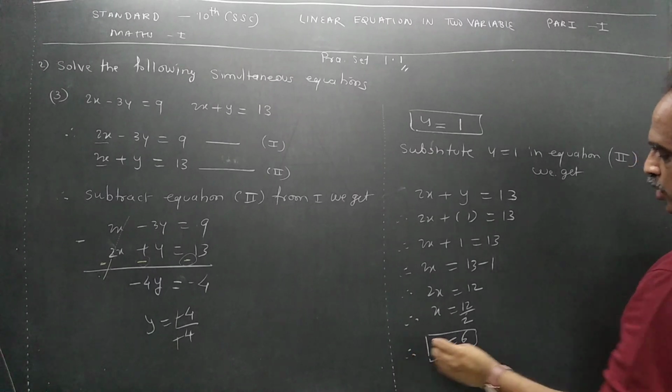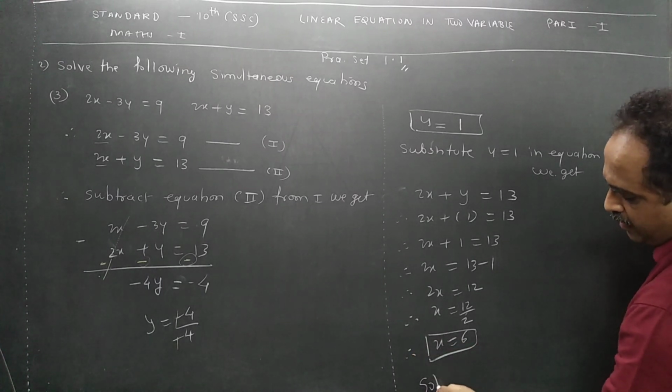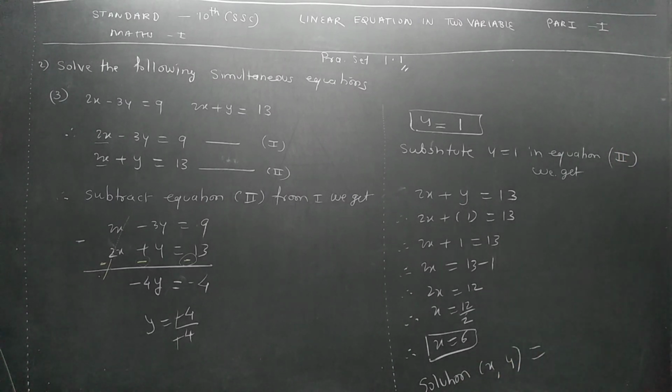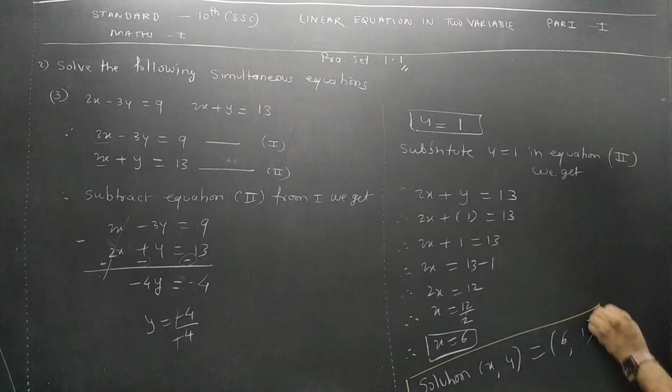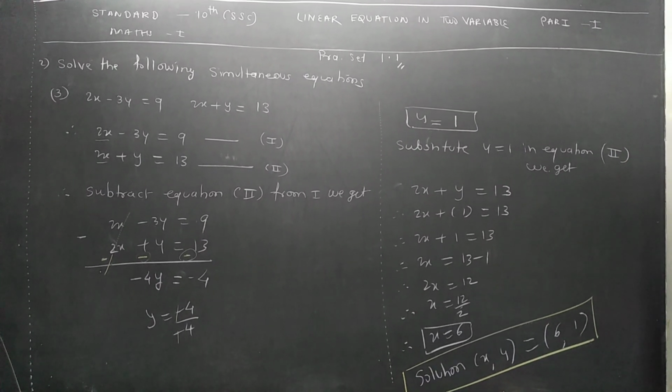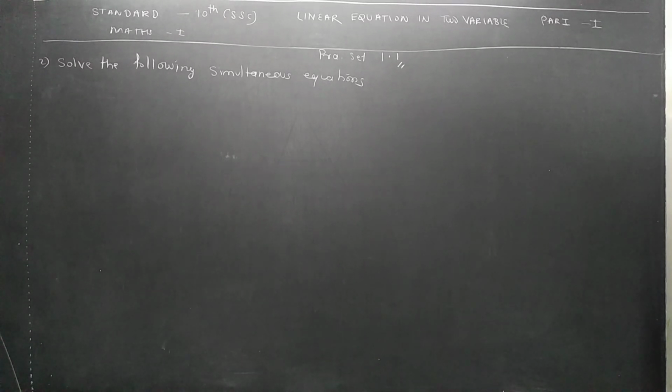So you got the answer. Solution: x comma y is equal to, you have to write the answer for x first, that is 6, and then for y, that is 1. Have you understood this? So copy down by pausing your video.